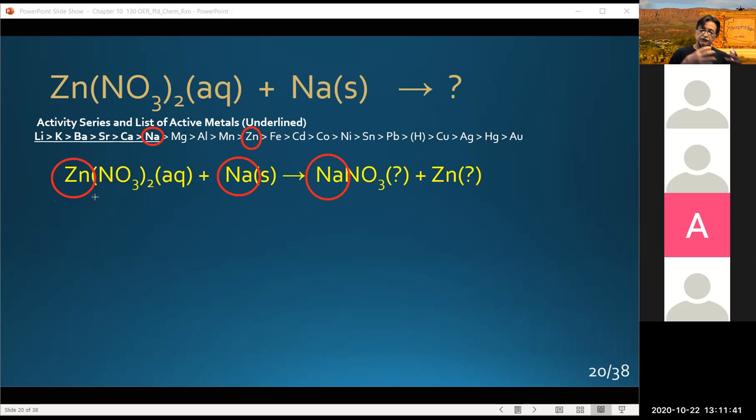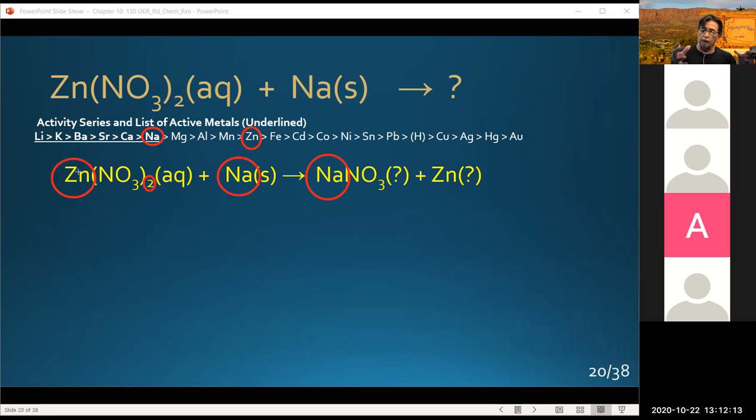What is the charge for each NO3 group? -1. How many do we have? We have 2 nitrates. Okay? See 2 nitrates? There's 2 of them within the parentheses. Each one of those is a -1. Therefore, there's a total of a -2. Okay? That means as zinc nitrate, zinc must be a +2.